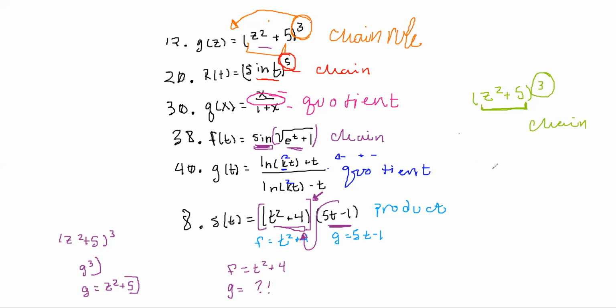Or you can start from the outside and look in. So I have this to the third. Is there a function in here? Is this a function? Yes. I'm going to use chain rule. So whatever works for you, to consider how the functions are relating to one another.